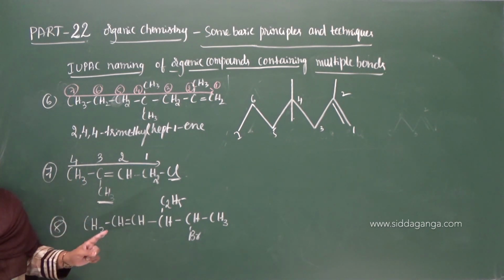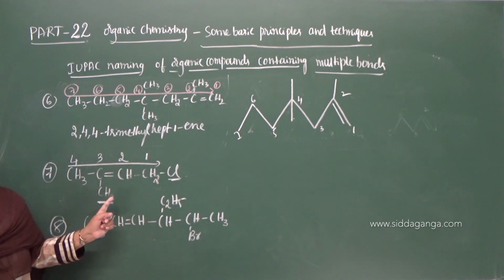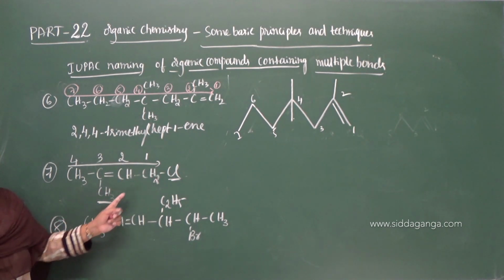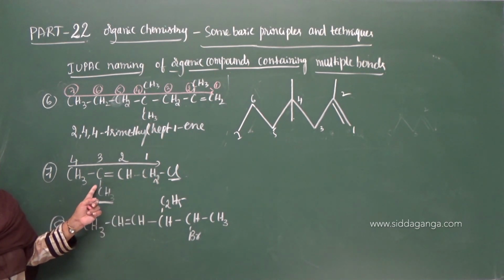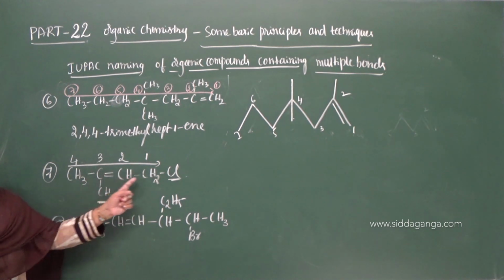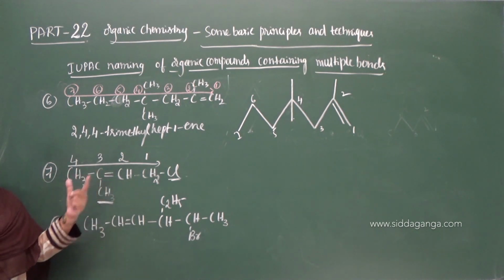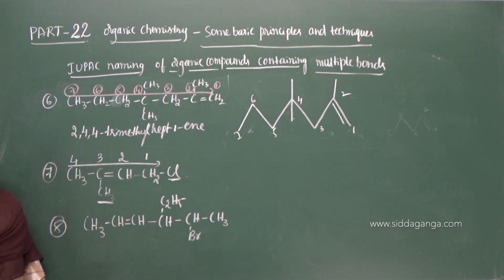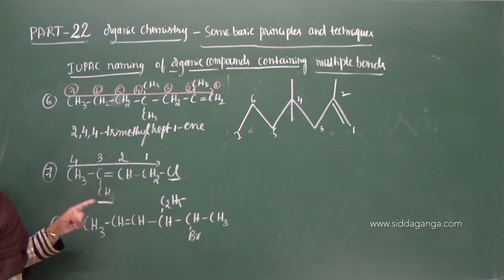Then the sum of the locants is less. 1 comma 3 here it is 4, but if we number from the other side, 2 comma 4 6. So lowest sum rule, and again we are giving the preference to the double bond. We are assigning the lowest possible number to the double bond.